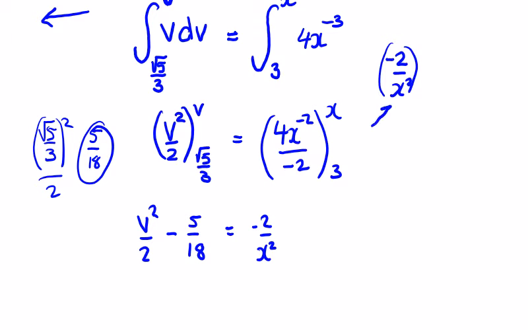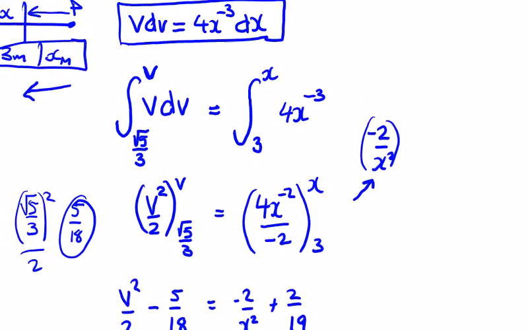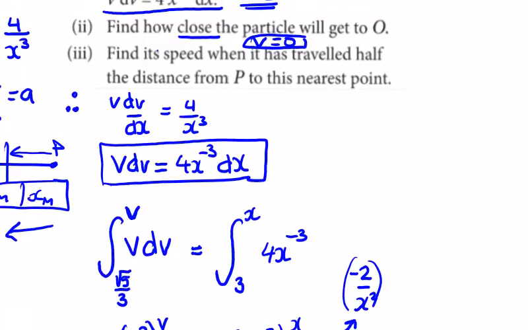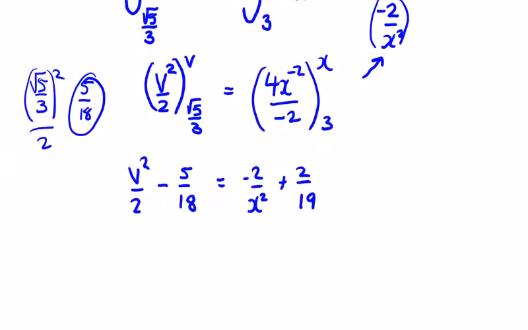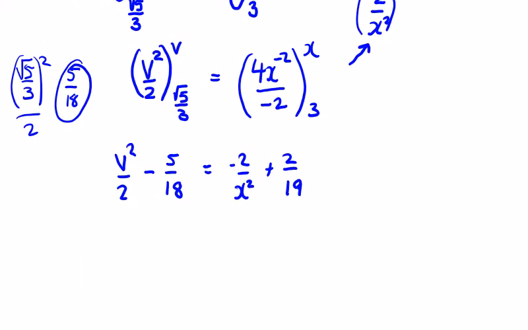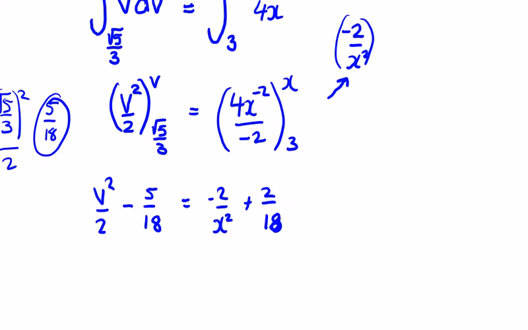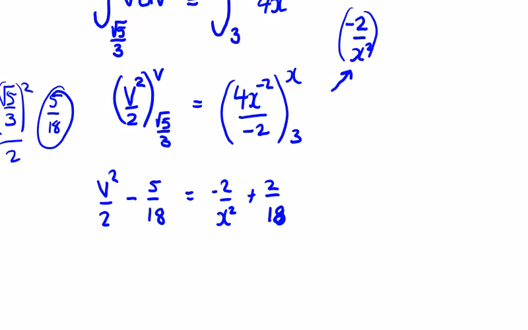Putting x in here, obviously, and then putting 3 in, we're going to get minus 2/9, so we're going to get plus 2/9. And what are we asked to find here? How close we'll get. So let's tidy this up to find v first of all. Sorry, that's a 19. I wrote 19 there. It should be 18, 9 obviously.